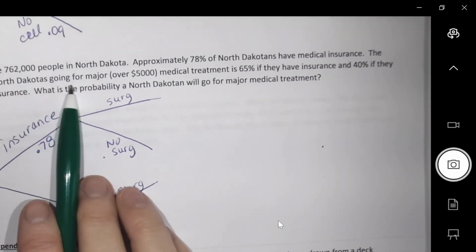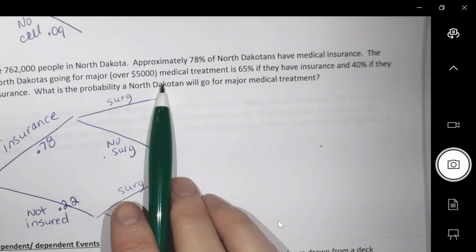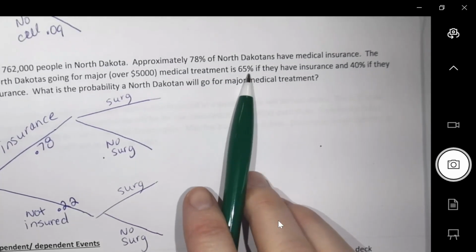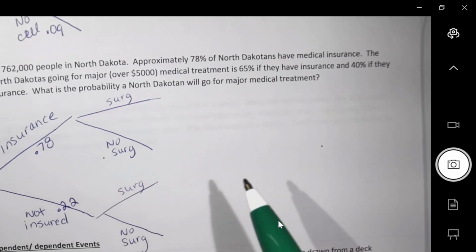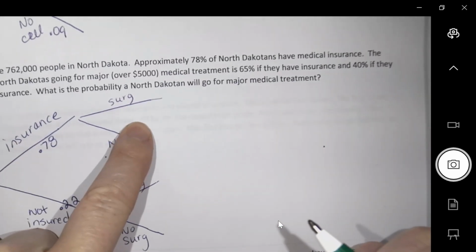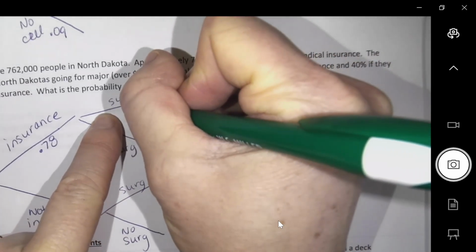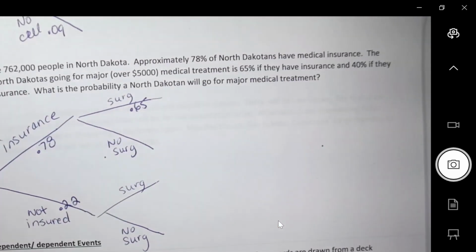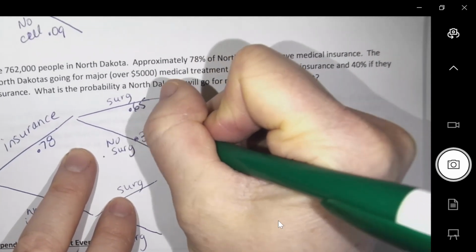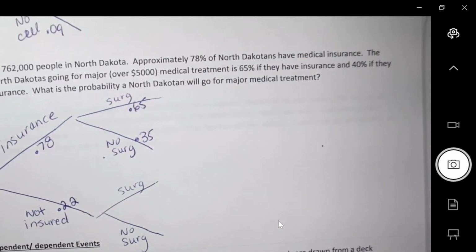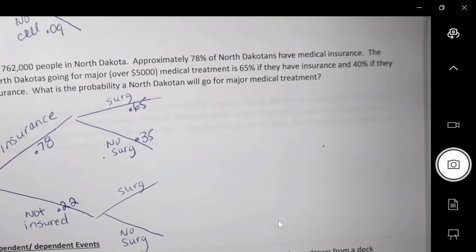The chance of a North Dakotan going for a major surgery is 65% if they have insurance. So if they have insurance, they would have a 65% chance of going for surgery, leaving me with 35% not doing a surgery.